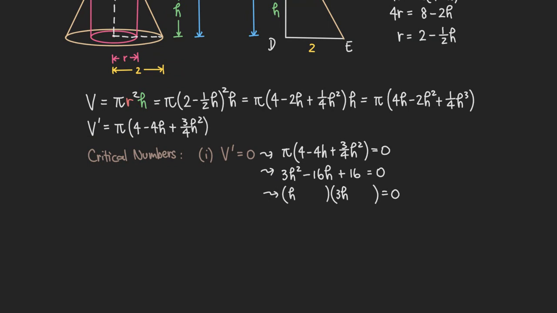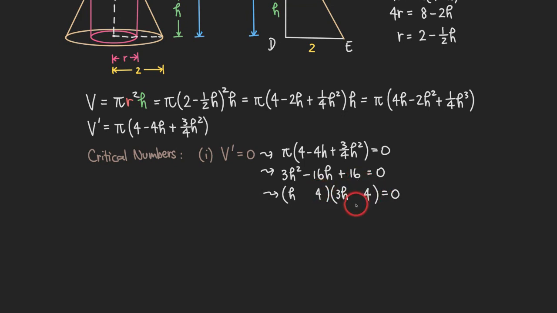And then what about the 16? We can try 4 and 4 and see what's going on here. So we can do 4 here and then 4 here. Now let's do a quick check. H times 3h, 3h squared. H times 4, 4h. 4 times 3h, 12h, which can give me 16h. And then 4 times 4 is 16, so that's okay.